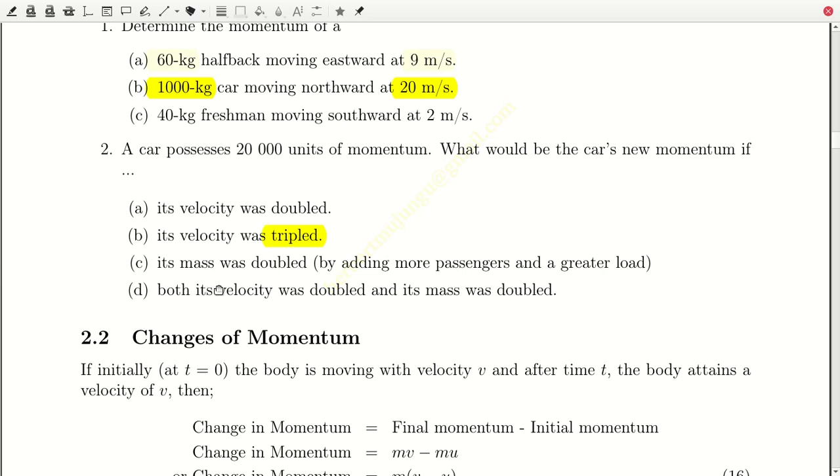So here they are saying both its velocity was doubled and its mass was doubled. So if both of them are doubled, a double times a double, it's like a square times a square.